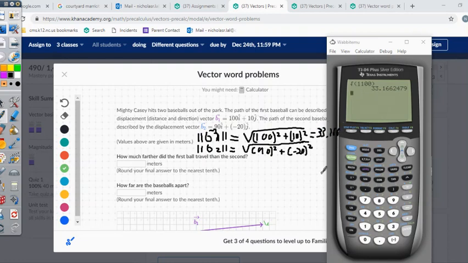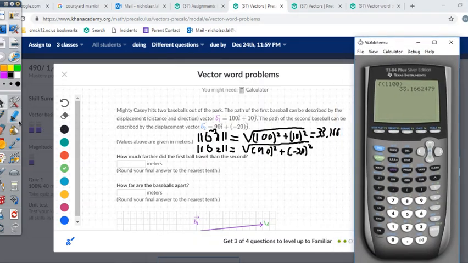$33.166. All right. And then B2 is going to be the square root of 90 squared.